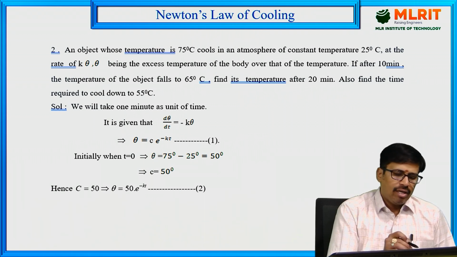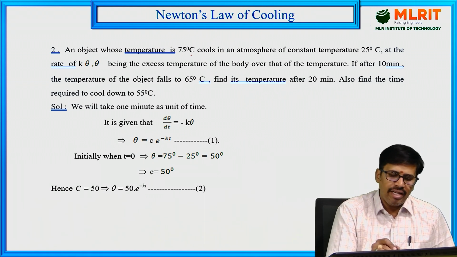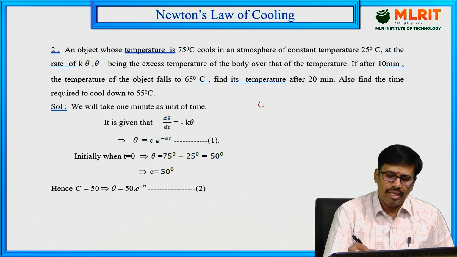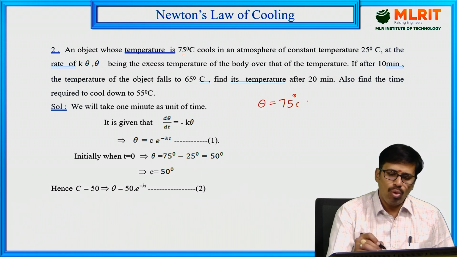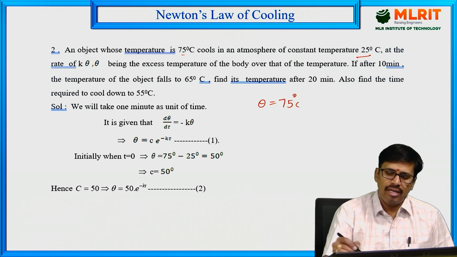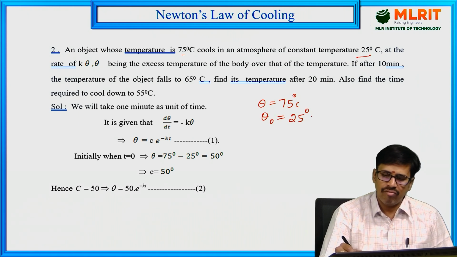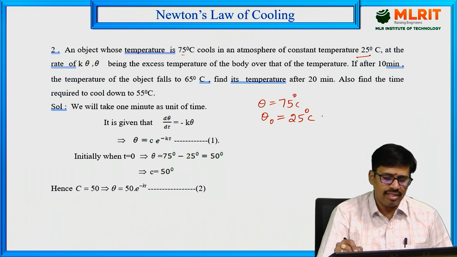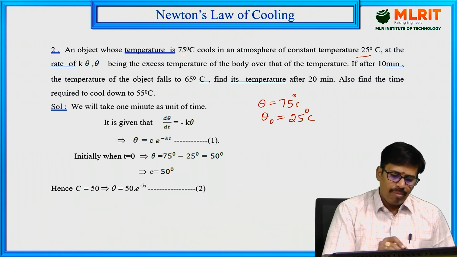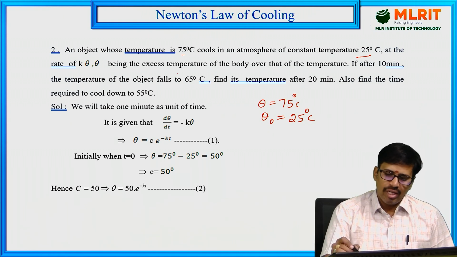An object whose temperature is initially 75 degrees centigrade cools in an atmosphere at a constant room temperature, or temperature of the surroundings, of 25 degrees centigrade, theta being the excess temperature of the body over the surroundings.